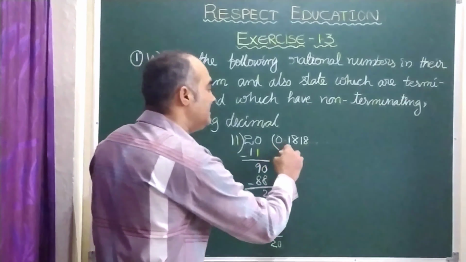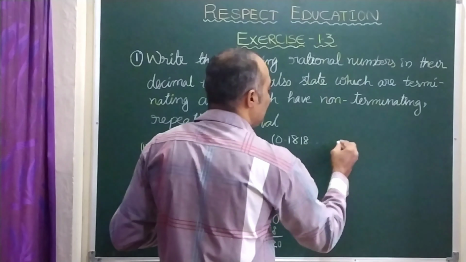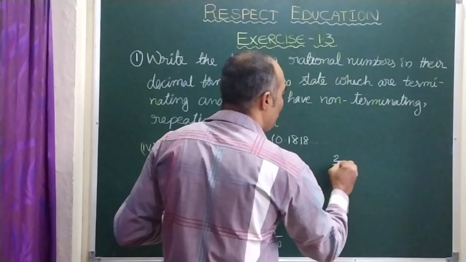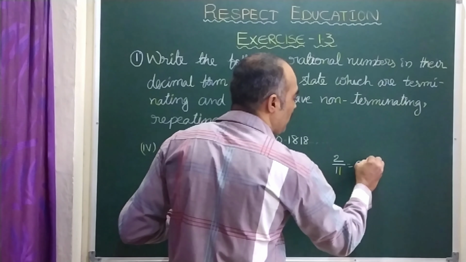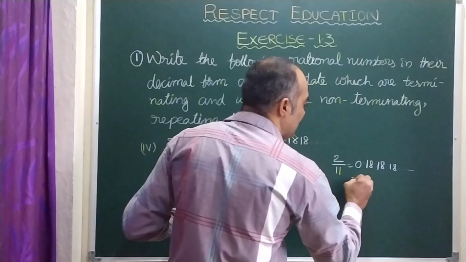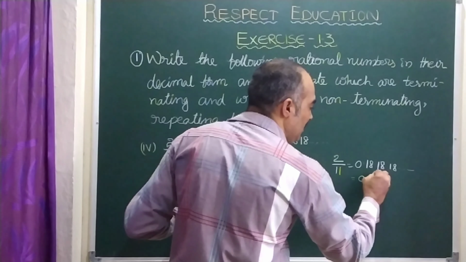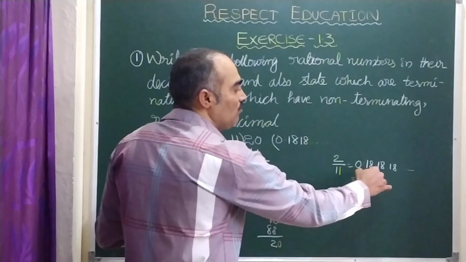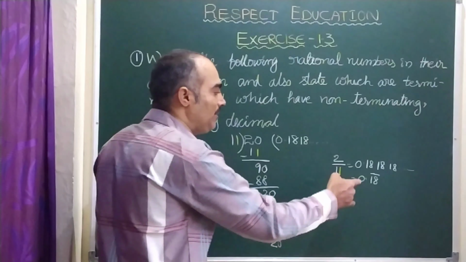So here, this kind of decimal expansion, I am writing, children, 2 by 11 can be written as 0.181818, and so on. It can be written as 0.18 bar. That means here 18 is getting repeated. It can be indicated like this.